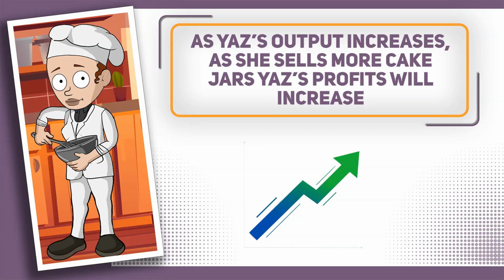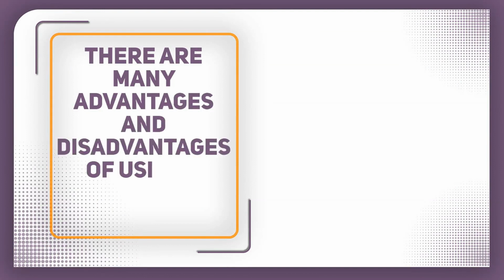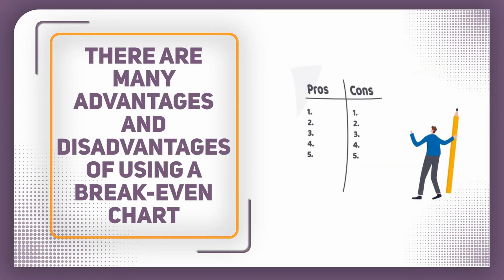So, this has been a pretty long topic to get our heads around. There are many advantages and disadvantages of using a break-even chart, but they're all pretty similar to those that we discussed in the previous video, so we're not going to go over them again.